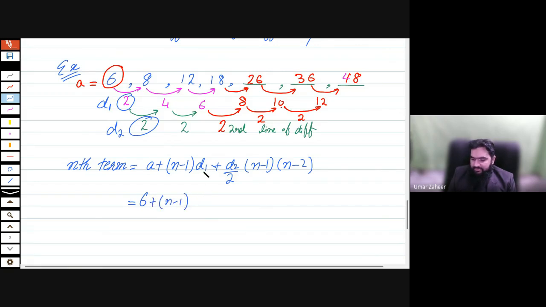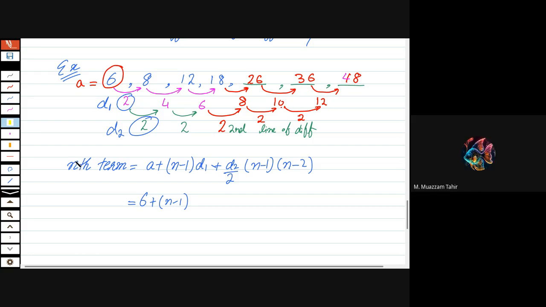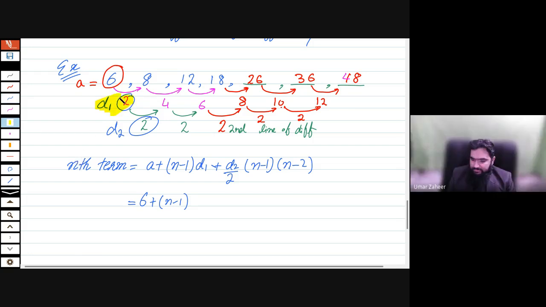Now we have d1. d1 is the difference of the first two terms. Mohsen, what is the difference of the first two terms? 2. That is 2 plus.